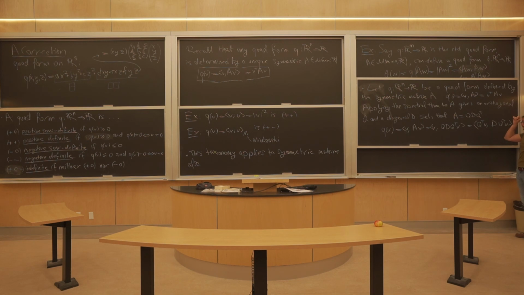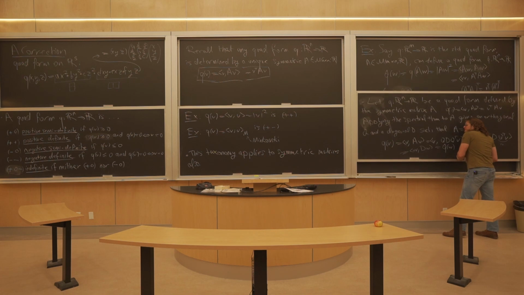I have this. So now you see this, I'm thinking of this Q as a passive transformation. I'm thinking of it as a coordinate change that is orthogonal. So it's actually the same vector, but its name is different, I'm imagining. That's a coordinate change. So I'm thinking of this as W, this too as W, so that now I have yet another quadratic form. But you see now you have no mixed terms whatsoever because this guy is diagonal. So let me call this Q hat of W, and Q hat has no mixed terms.